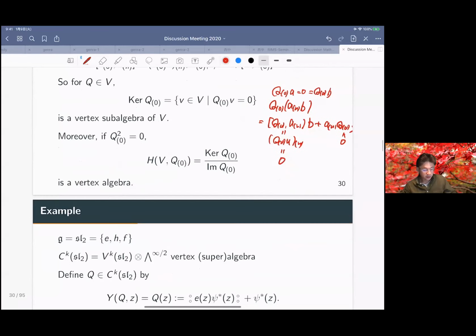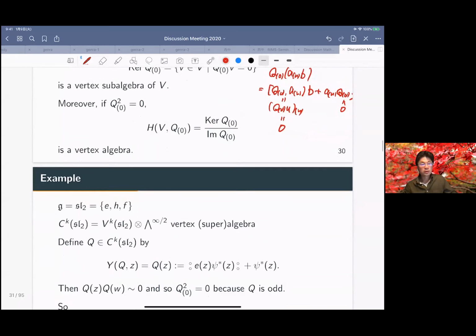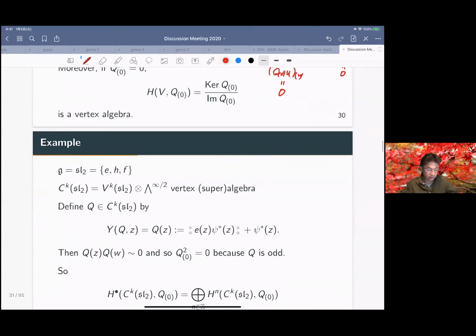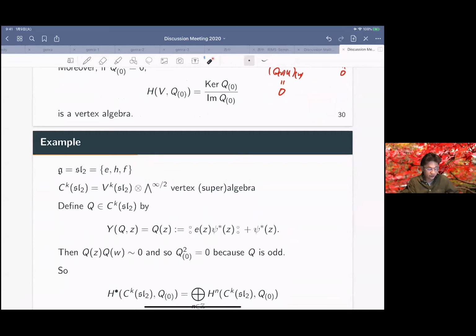So let me explain an example. Consider the simplest simple Lie algebra, sl2, which is spanned by E, H and F. I consider this tensor product of vertex algebras. This is the vertex algebra associated with sl2, and this is the vertex algebra associated with a superalgebra, which we usually call fermions.